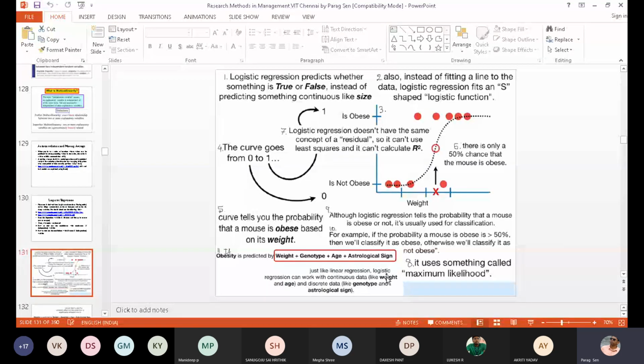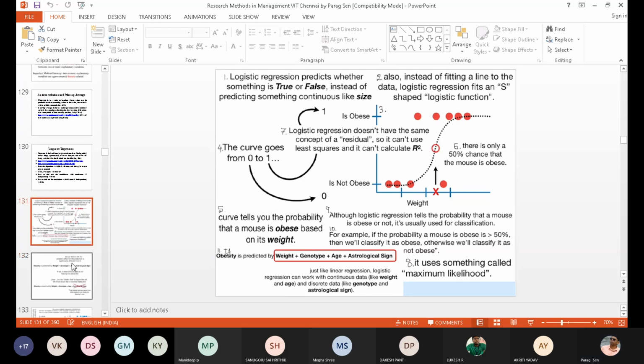Just like linear regression, logistic regression can work with continuous data, like weight and age, and discrete data, like genotype and astrological sign. So there are four independent variables, two continuous and two discrete in nature.